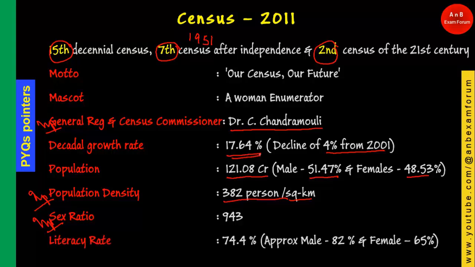Again a very important point is the literacy rate. It is approximately 74%, of which approximately 82% are male and 65% are female, and overall literacy is 74.04%.